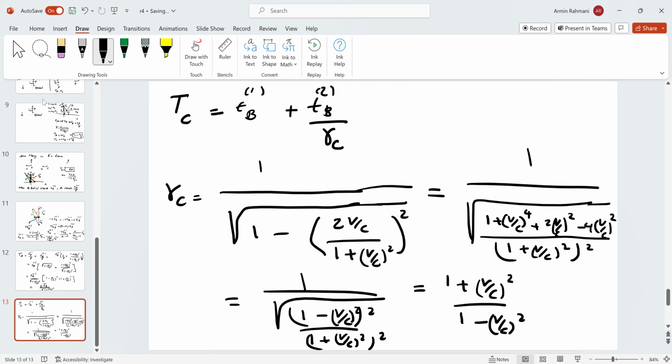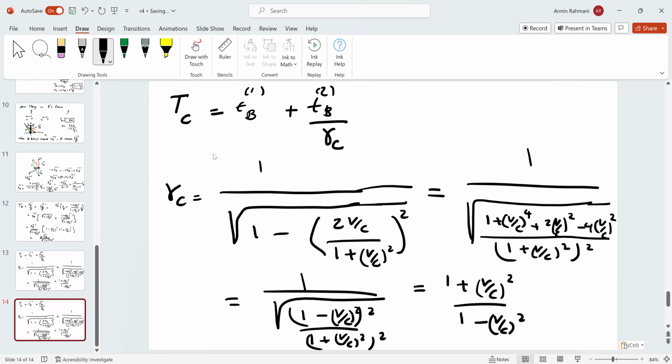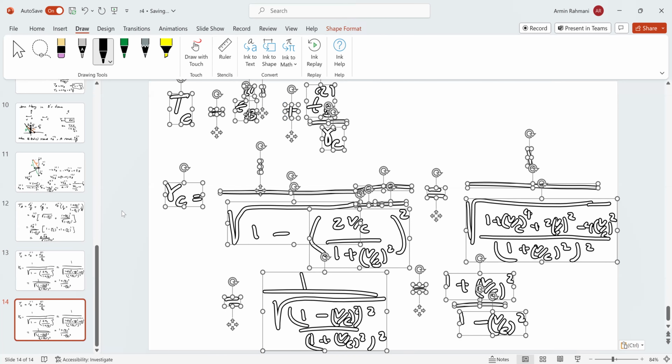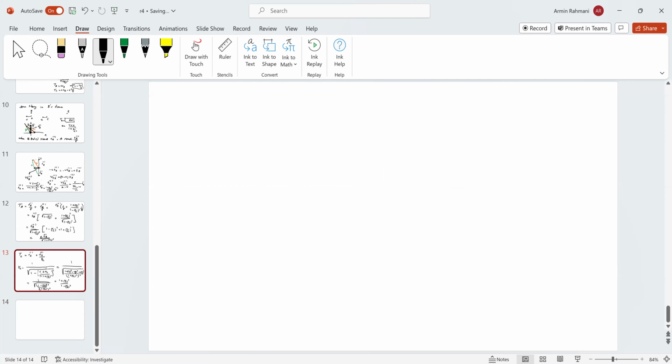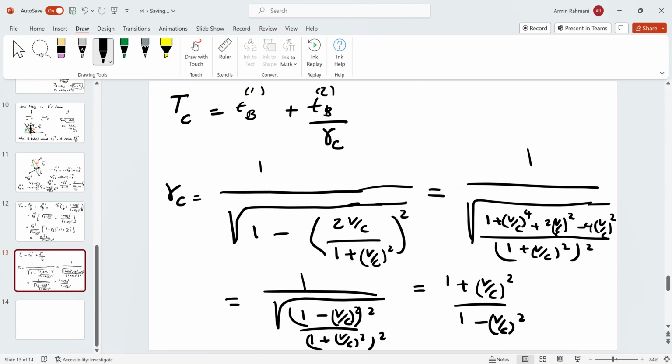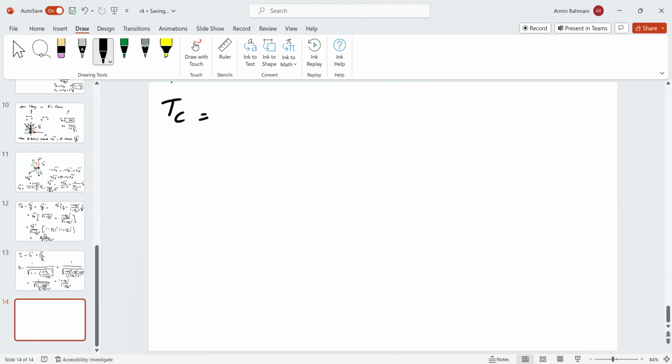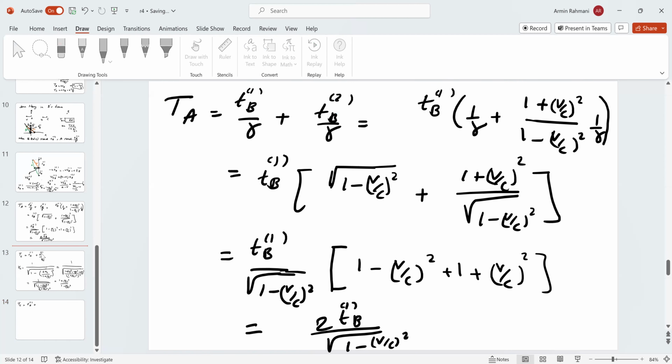So now we know all the ingredients we want to put everything together. So let's write this TC again. We said it's TB1 plus TB2, but I know what TB2 is in terms of TB1. We calculated that.